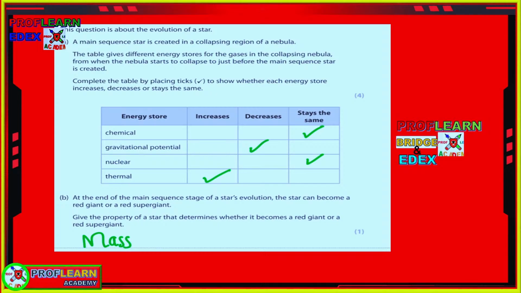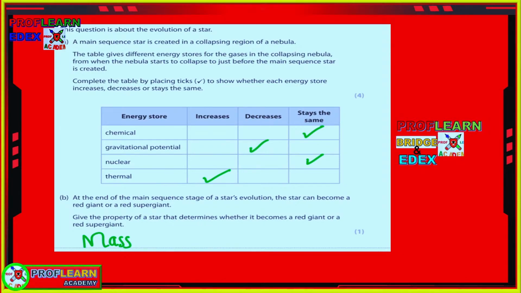But we are supposed to give the property that determines whether it becomes a red giant or supergiant. Remember the initial mass of the nebula. If it was very, very massive, then as a protostar it moves to the main sequence, becomes a red giant, then a red supergiant, then a supernova, which explodes to become either a neutron star or a black hole.